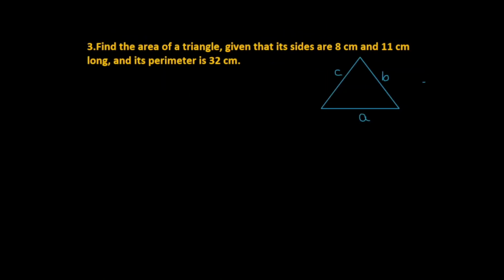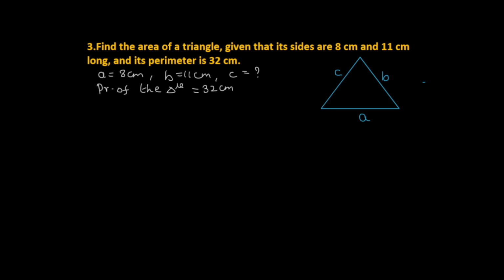Find the area of the triangle given that its sides are 8 centimeters, 11 centimeters and its perimeter is 32 centimeters. Consider the triangle, the sides are a, b, c. Then a is given as 8 centimeters, b is 11 centimeters, but we don't know the length of c. To find the length of c, another piece of information given is the perimeter of the triangle, 32 centimeters.